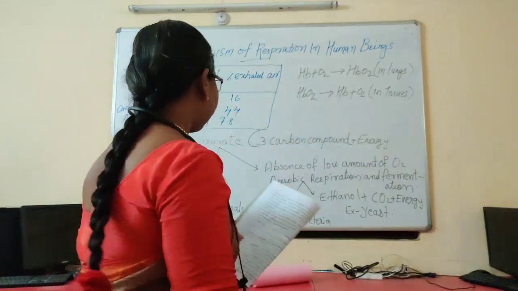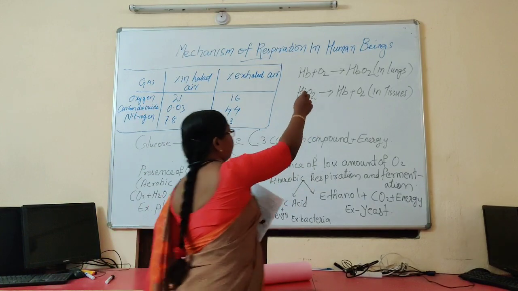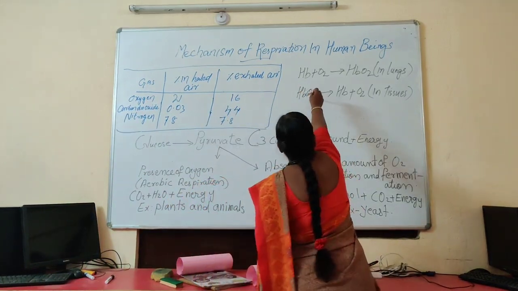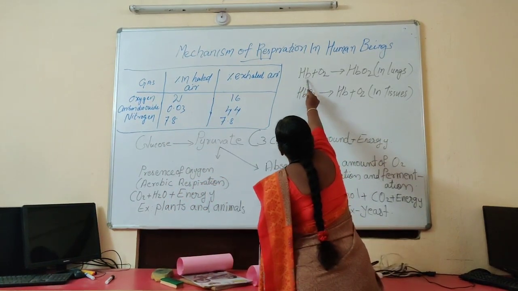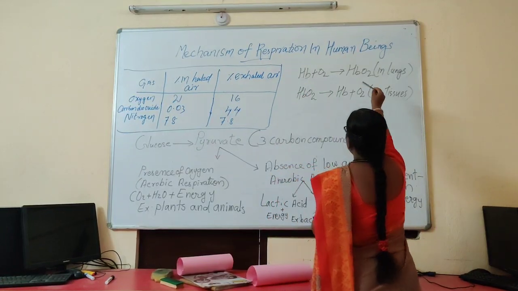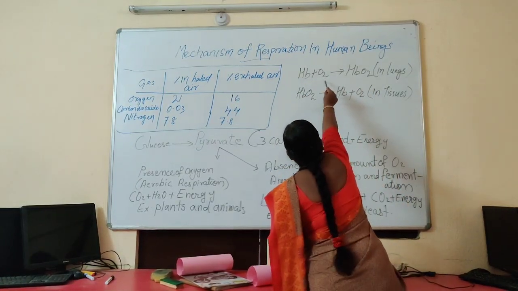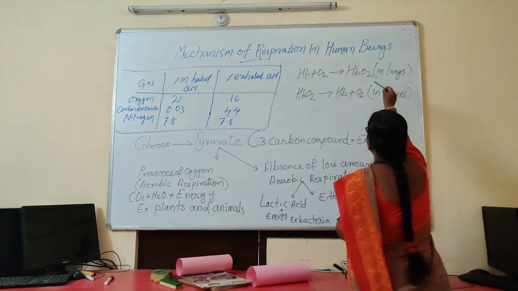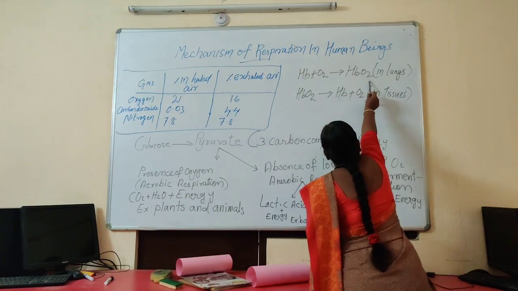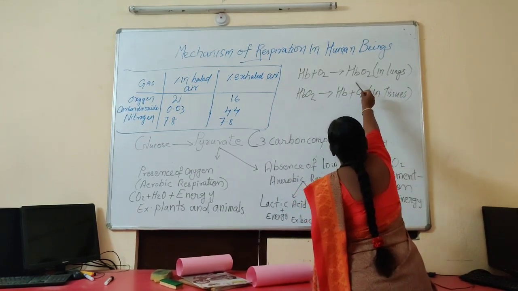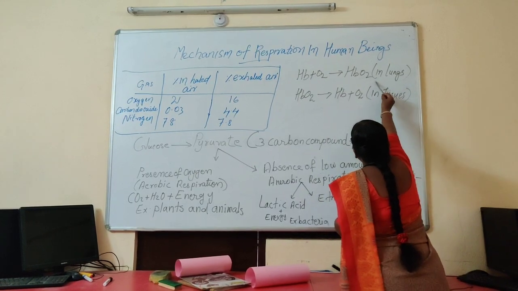To understand the formula, I have written it on the wall. Look here: Hb represents hemoglobin, and combined with O2 we get oxyhemoglobin, HbO2. It occurs in our lungs.